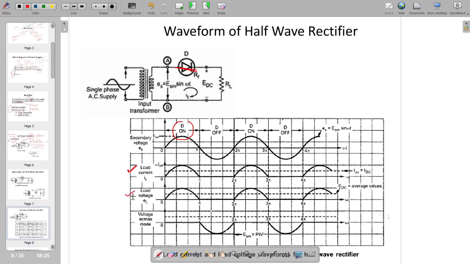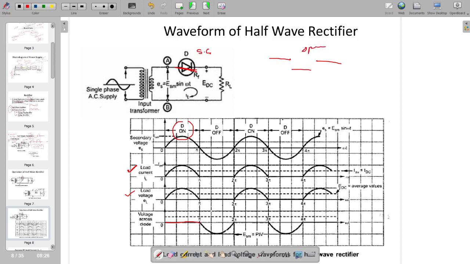The load voltage will also be the same as the source voltage. During the positive half cycle, the diode acts like a short circuit, so there is no voltage across the diode. Whereas in the negative half cycle, the diode acts like an open circuit.